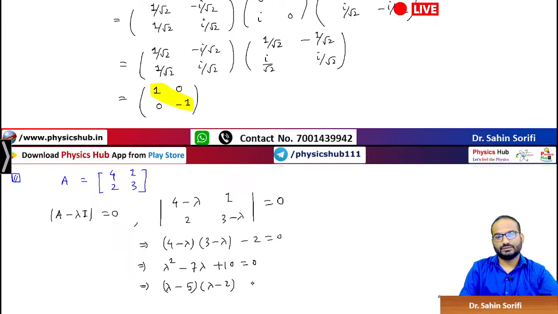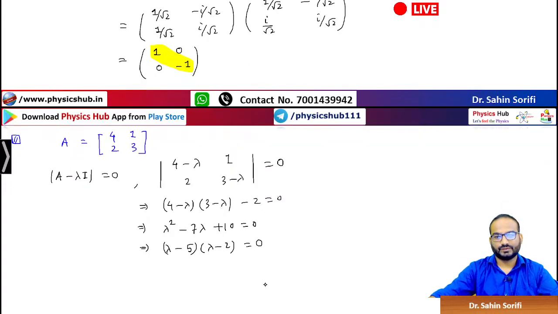Therefore lambda is 2 and 5. Write the smaller eigenvalue first, then the larger.